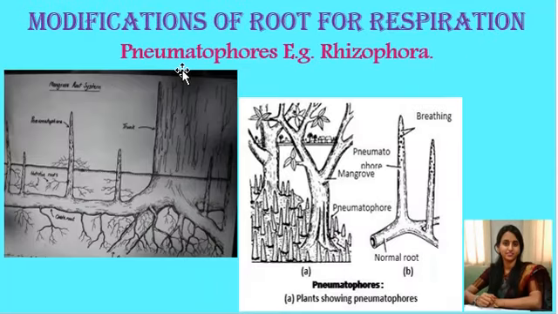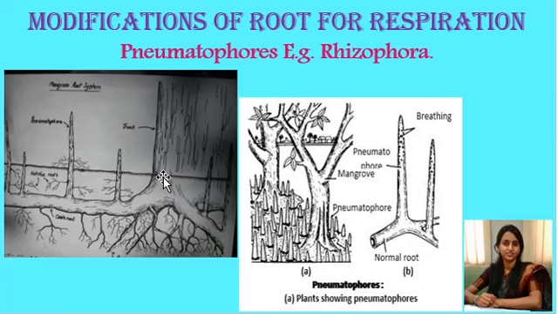Next, in case of mangrove plants, mangrove forest, there are a number of plants. One of the examples is Rhizophora. In these plants there are some roots which grow vertically upward. They consist of some pores through which the exchange of gases takes place. Such roots are known as pneumatophores.